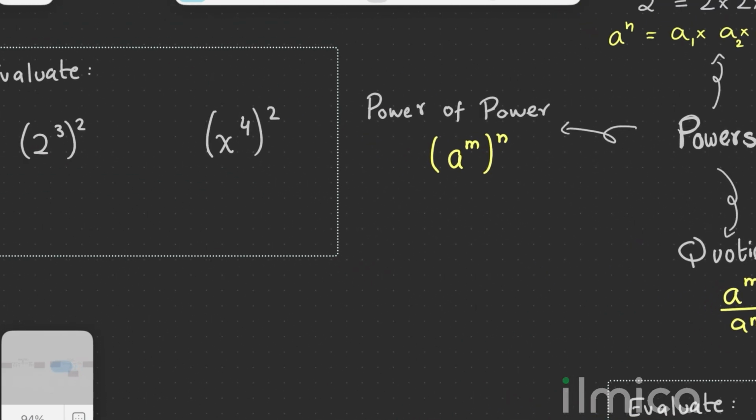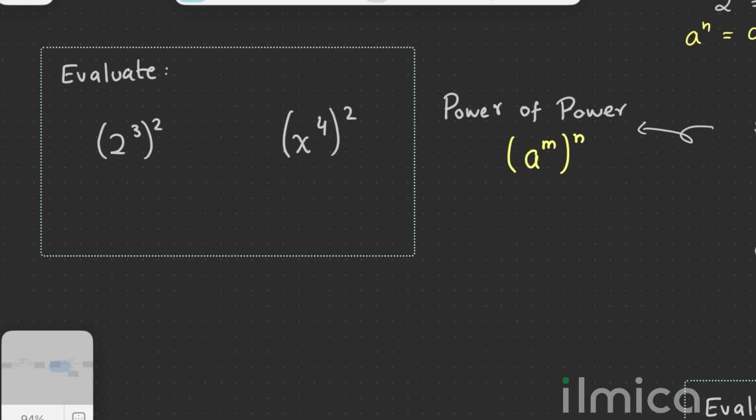The final rule that we are going to go over is the power of power rule, which is this one. This rule tells us that if there's a number with a power on top of it, but then there is a bracket and there's a power outside of the bracket as well, which is given as n over here, then what you need to do is basically just multiply the powers together.